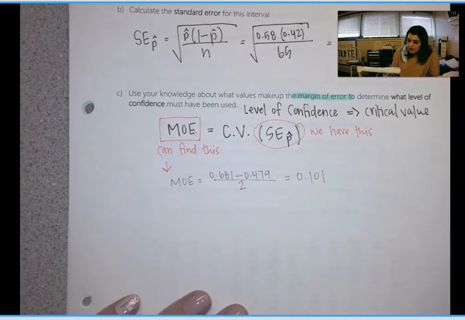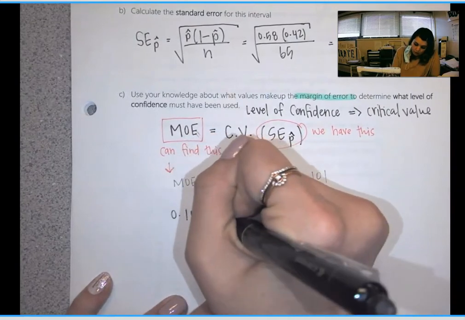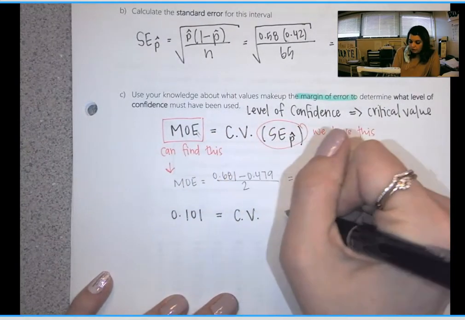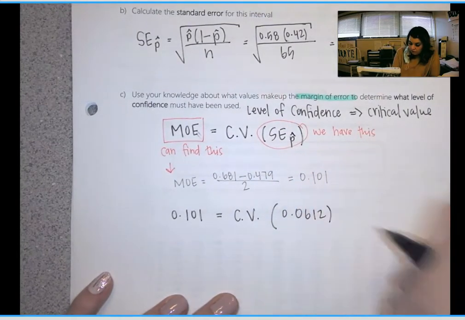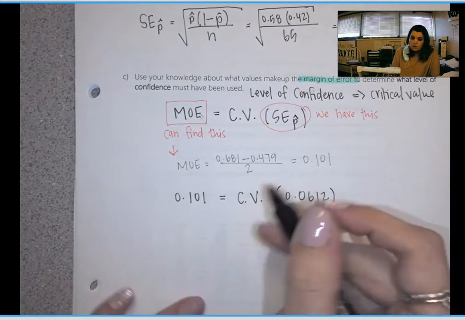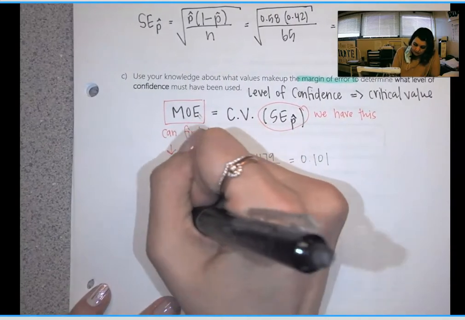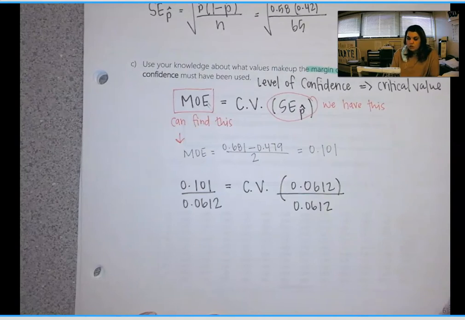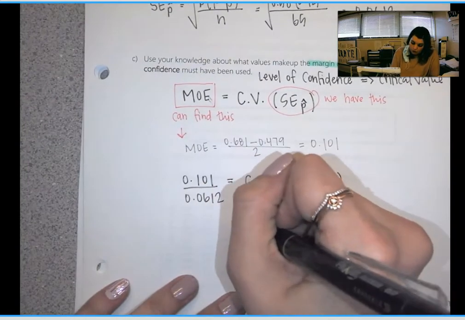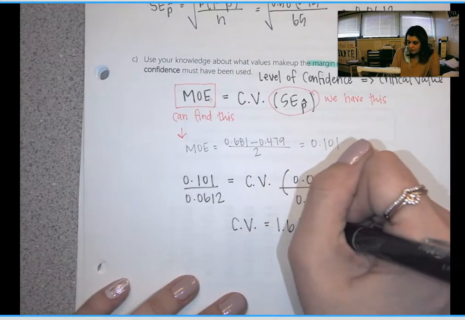Okay, so now let's fill in all of the values that we have. 0.101 equals our critical value multiplied by our standard error. Well, if we want to know critical value, then we just need to divide both sides by 0.0612. So our critical value is equal to 1.65.